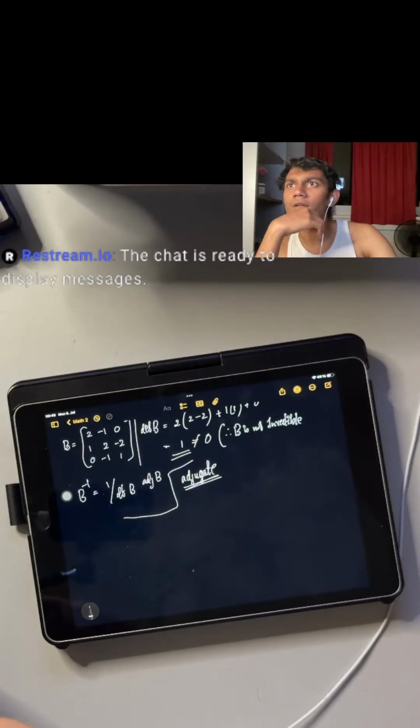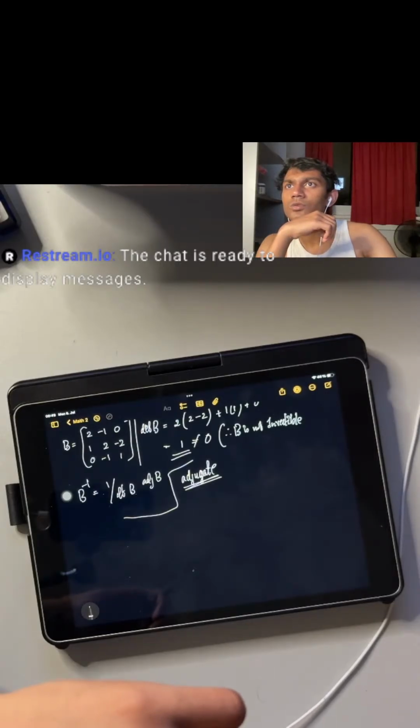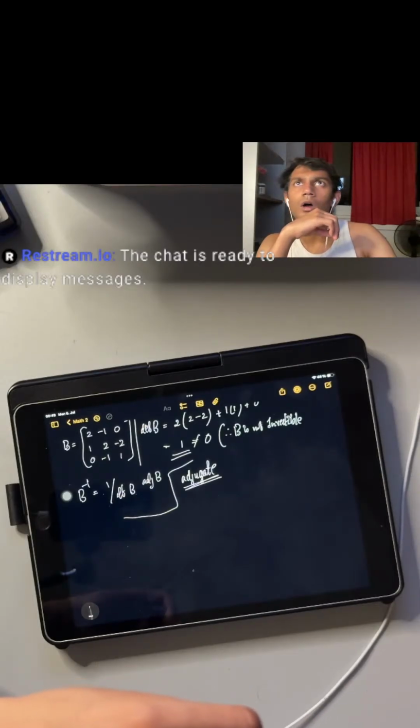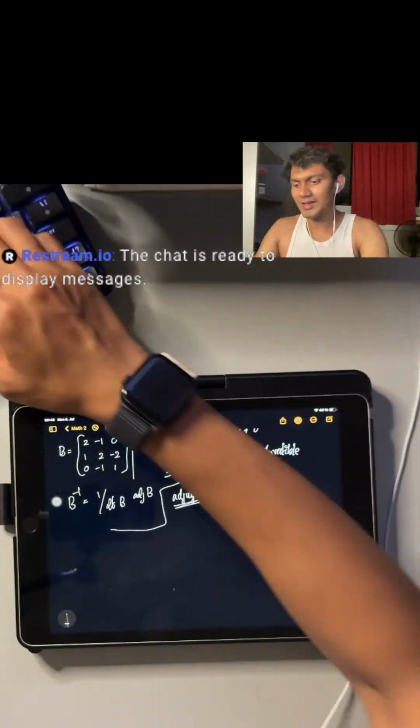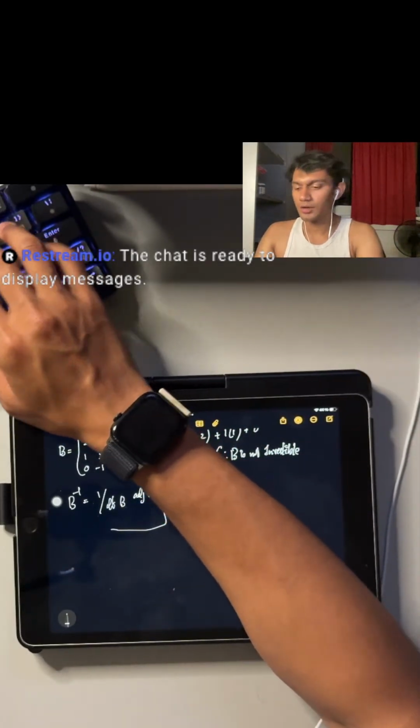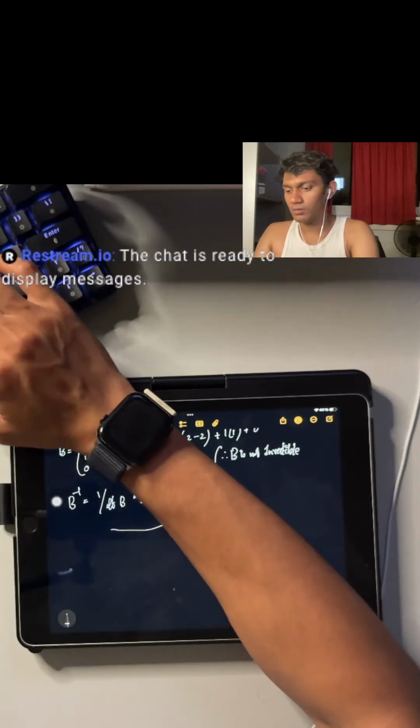Then y1 equals arg z1 equals arccos of minus root 3 by 2. Okay. Now I'm working.